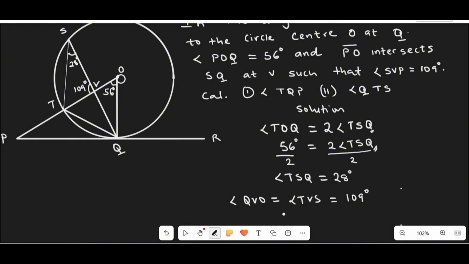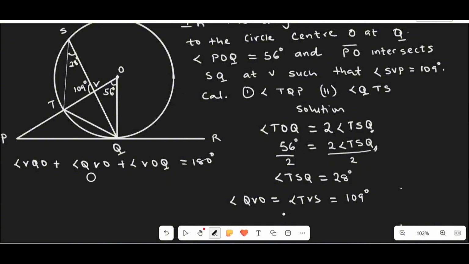Let us consider triangle OVQ, and the sum of its interior angles is equal to 180 degrees. So angle VQO plus angle QVO plus angle VOQ is equal to 180 degrees.